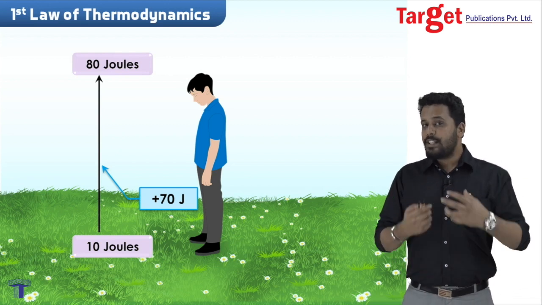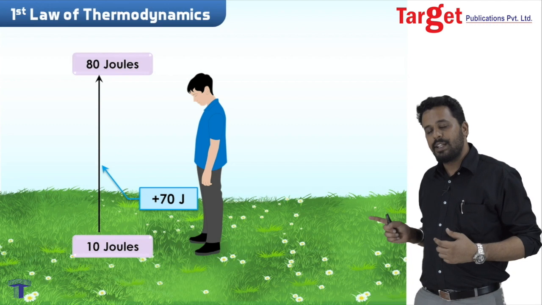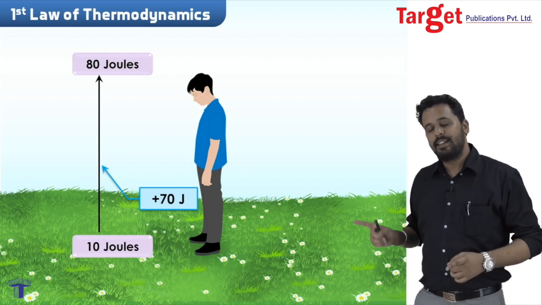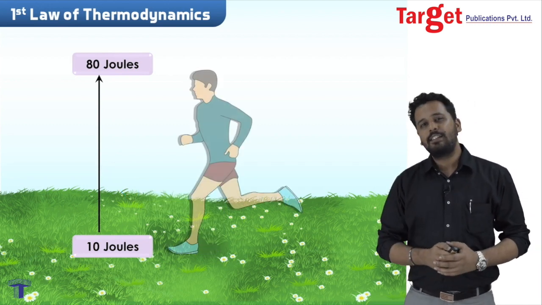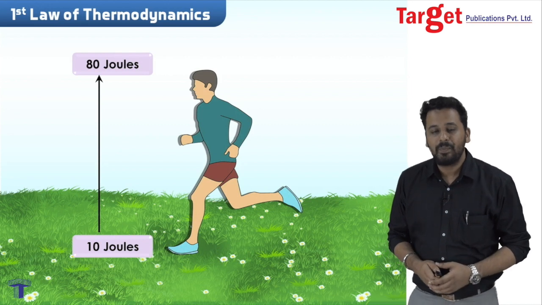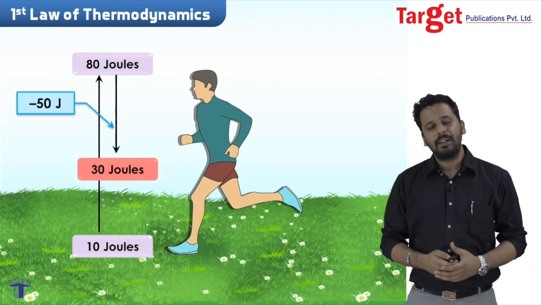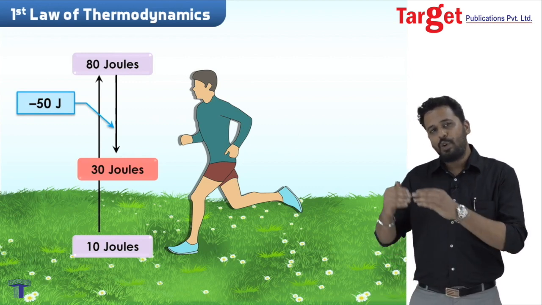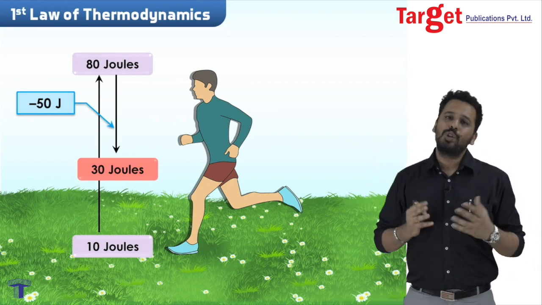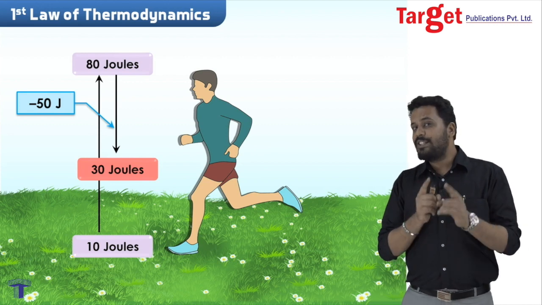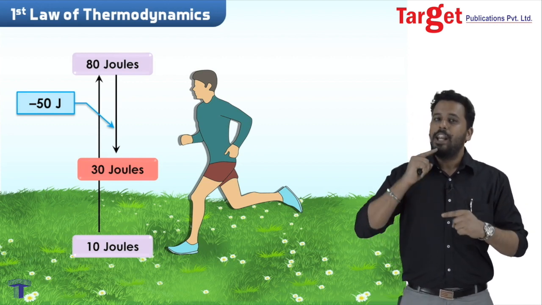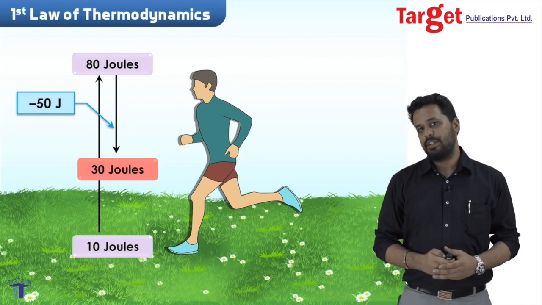Now because he has 80 joules of energy, he is now very energetic, so he decides to go out for running, and in doing so he spends 50 joules away, which means from 80 now he will come down to 30 joules.